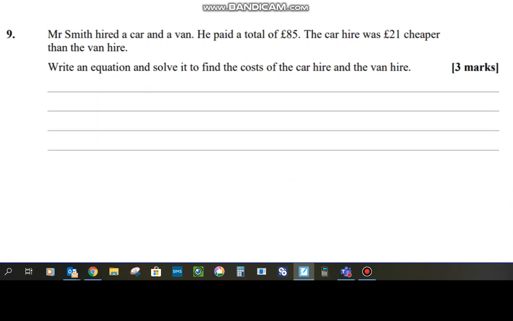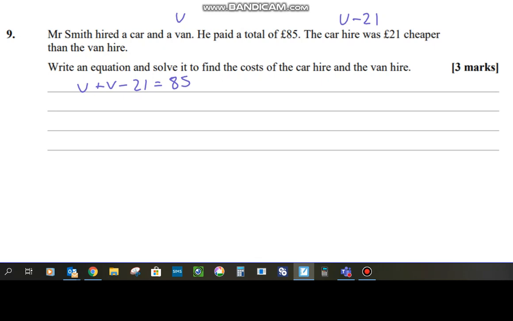Okay, question 9. Mrs. Smith hires the car and the van. The car was £21 cheaper than the van, so the car hire must be V minus 21, and the van is going to be V, and the total is £85. So that means that we've got V plus V minus 21 is equal to 85.